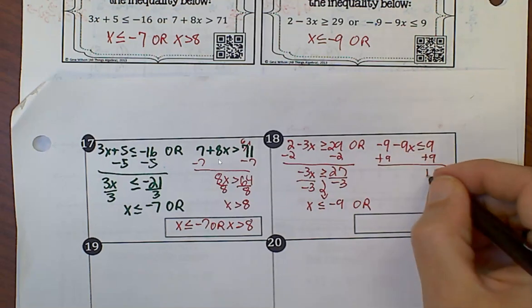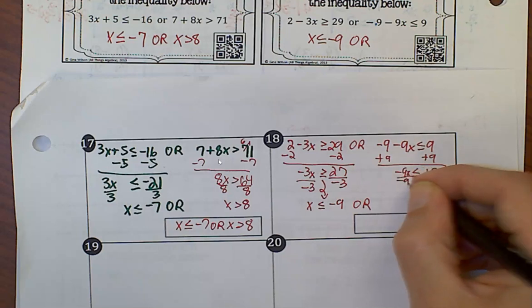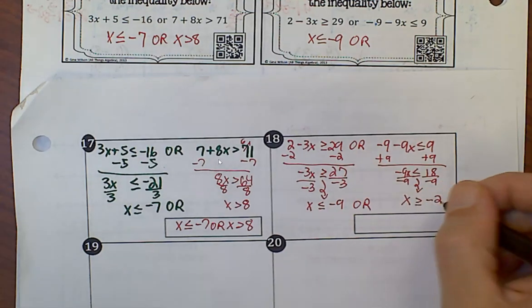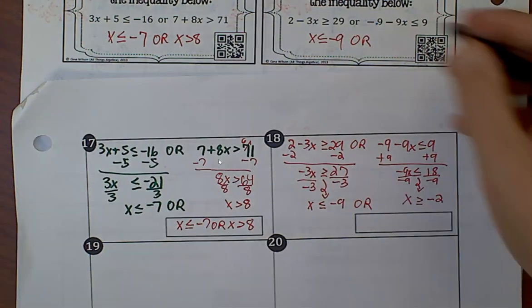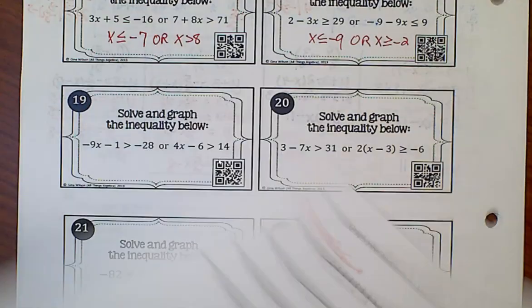Add 9 to both sides. Divide by -9. Do a flip. Alright, let's go graph it.